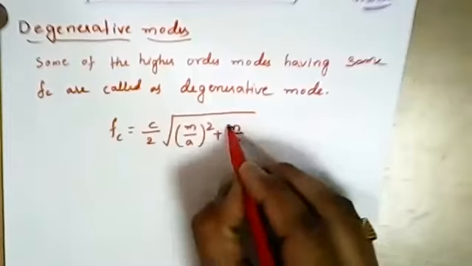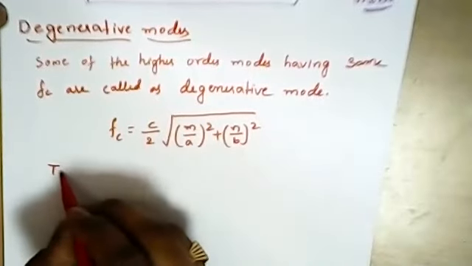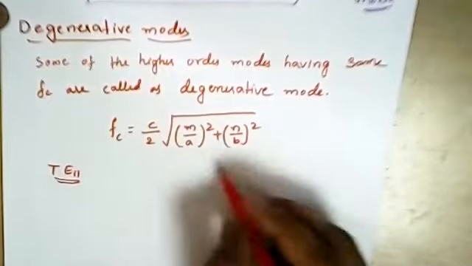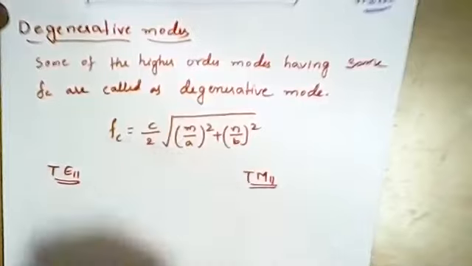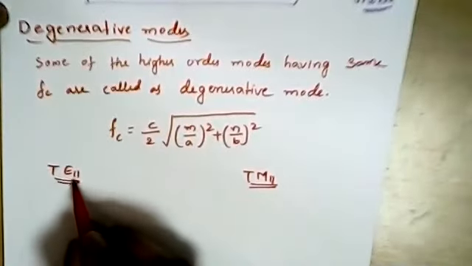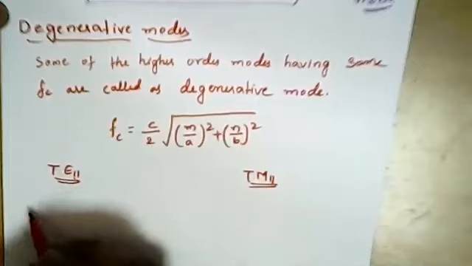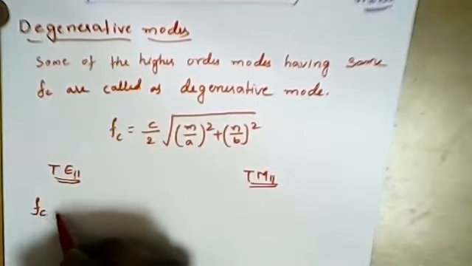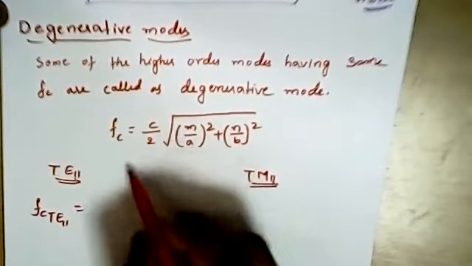Now let us calculate FC for TE11 and for TM11. So for that, M equal to 1 and N equal to 1.